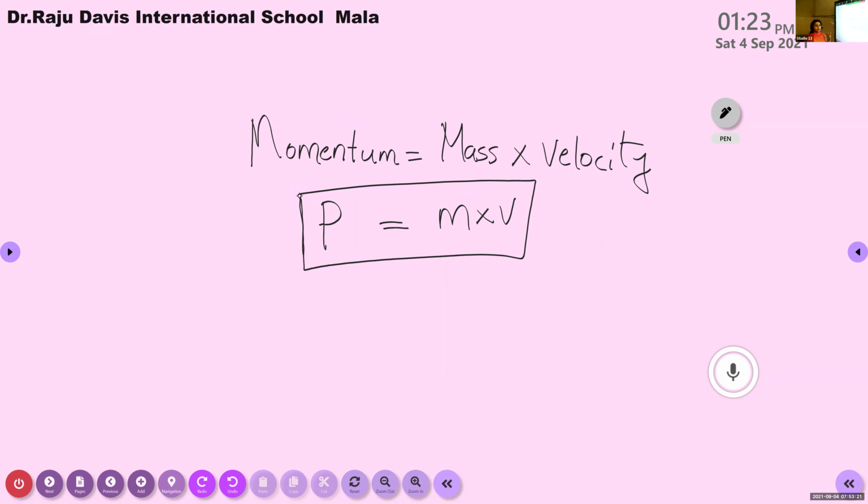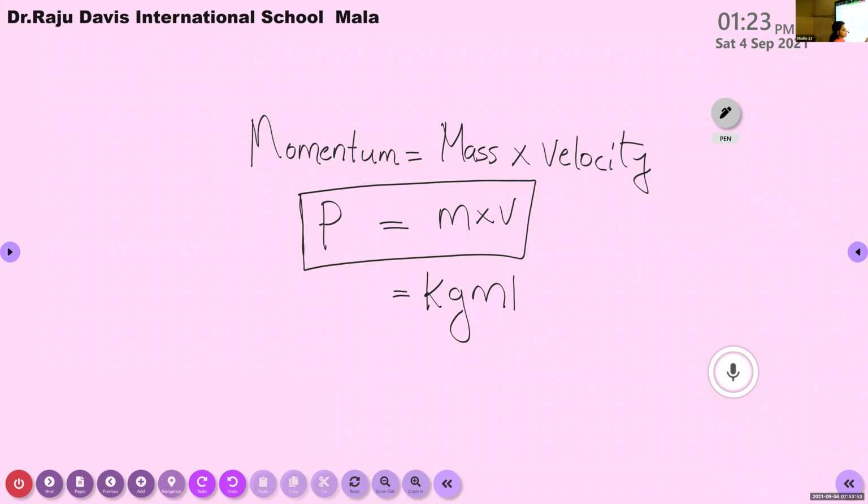Now we can derive the SI unit for momentum. What is the SI unit of mass? Kilogram. SI unit of velocity? Meter per second, not kilometer per hour.